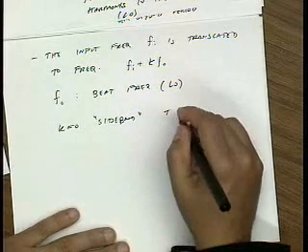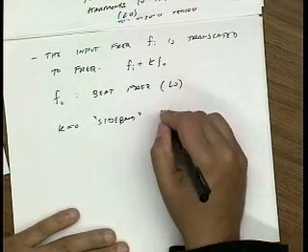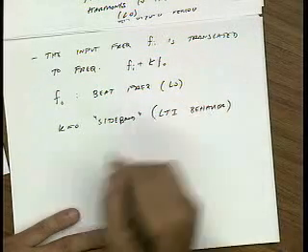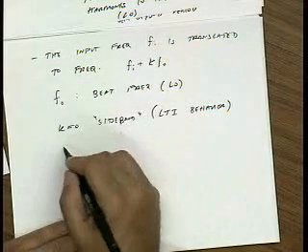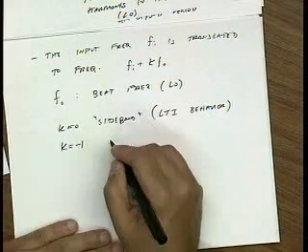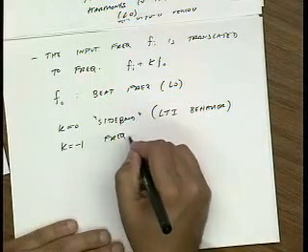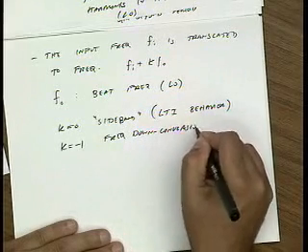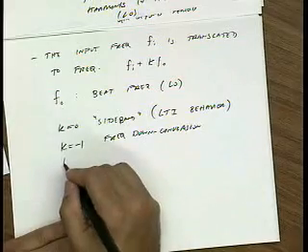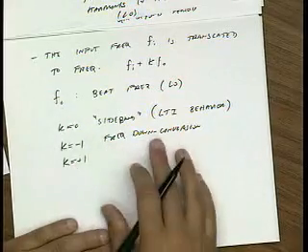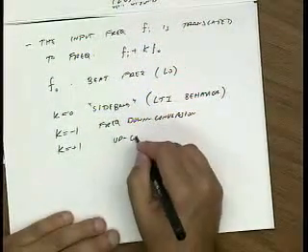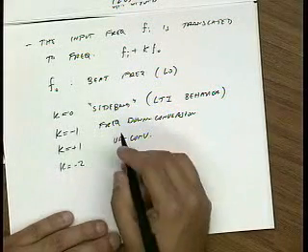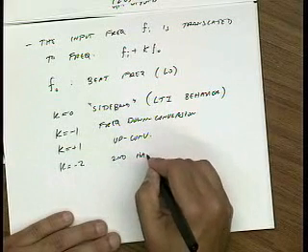This is the time invariant behavior. K equals -1 is frequency down conversion. K equals +1 is a normal up conversion. And so on. K equals -2 is second harmonic mixing.